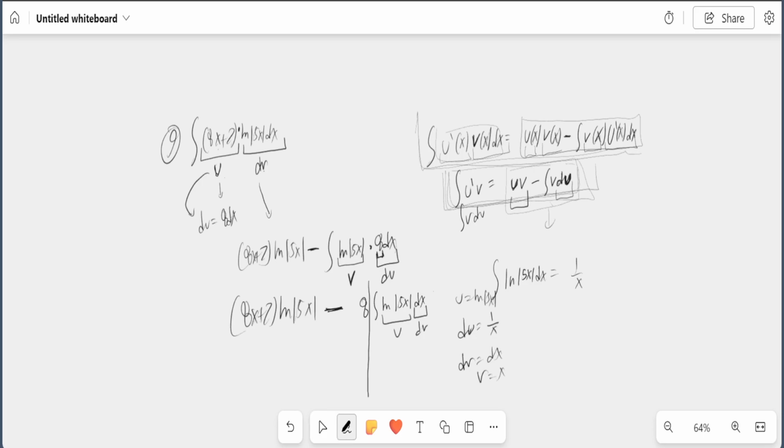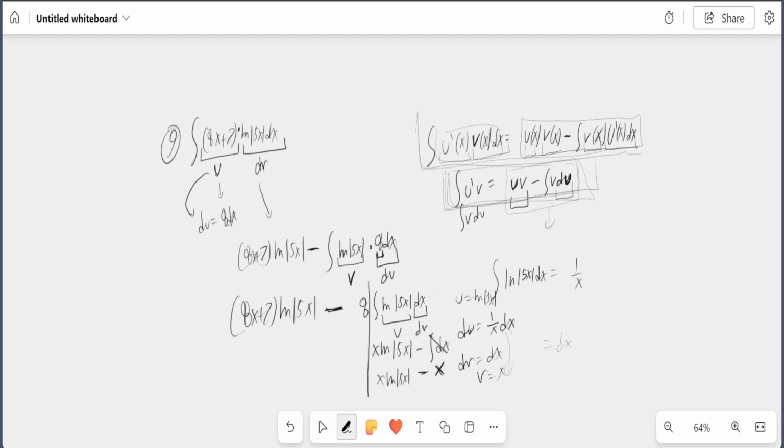So this becomes uv, so x ln 5x minus v du, which is, there should be a dx here. So 1 over x dx times x is equal to dx. And so that's dx, which is x. And so that's x ln 5x minus x.